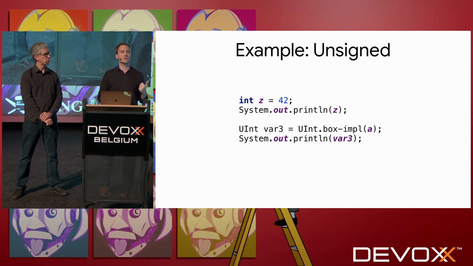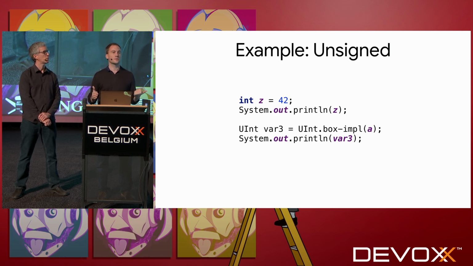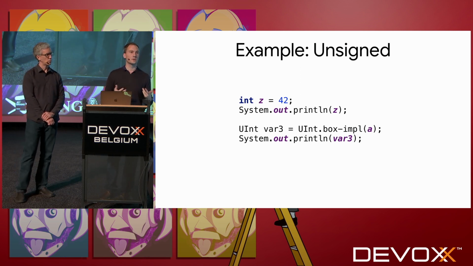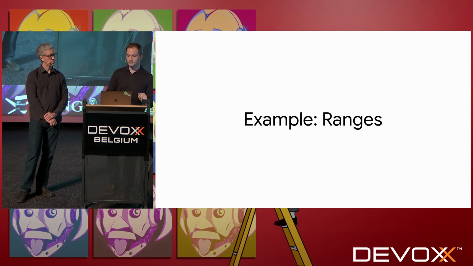And you see it creates an instance of this class called uint. It's because uint overrides the toString method, and that's what println will use. Because println has an overload for integers, but it doesn't have one for unsigned integer. And because unsigned integers can represent more positive numbers than regular signed integers, JetBrains had to implement their own toString method. So just printing unsigned will cause you to allocate memory.